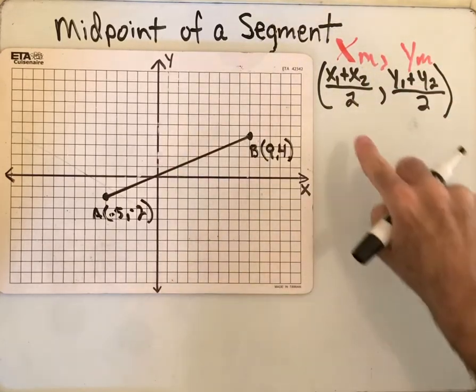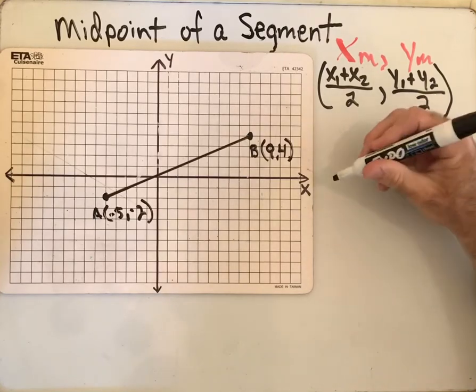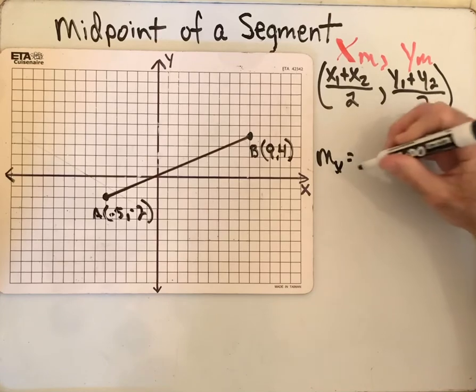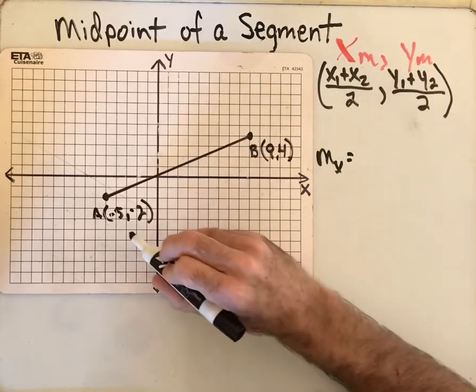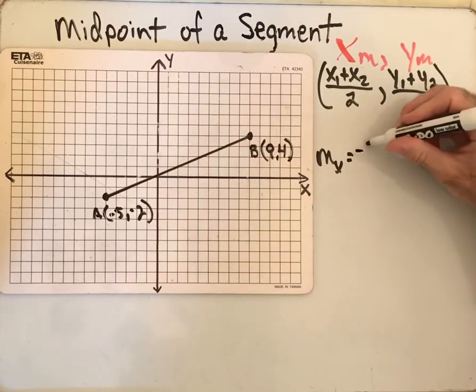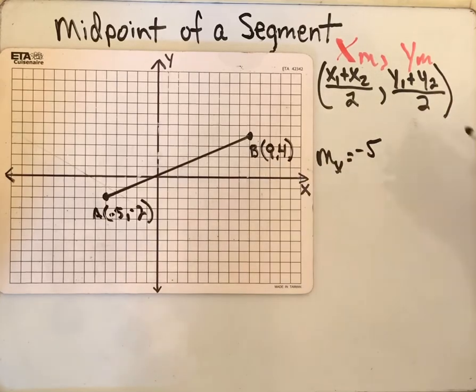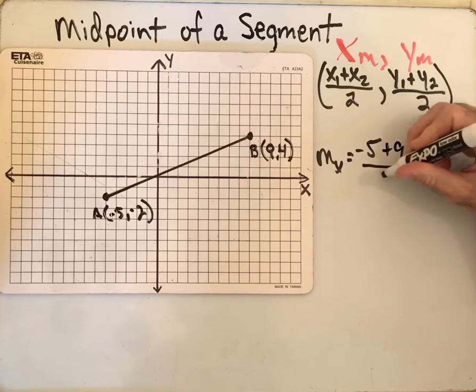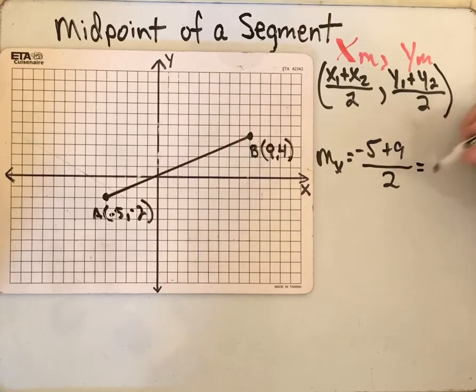We've got x1 plus x2 over 2. x1 is -5, x2 is +9, and we're going to divide that by 2. So -5 plus +9 is +4 over 2, which gives us 2.